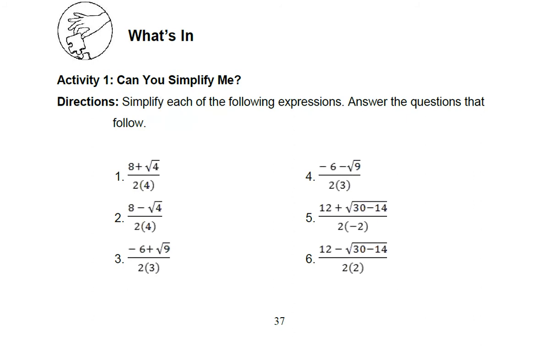Direction: simplify each of the following expressions and answer the questions that follow. As part of the activity, as part of the lesson on the quadratic formula, you will see how to simplify expressions like this. So this one, just remove first the square root, then multiply this one and simplify.